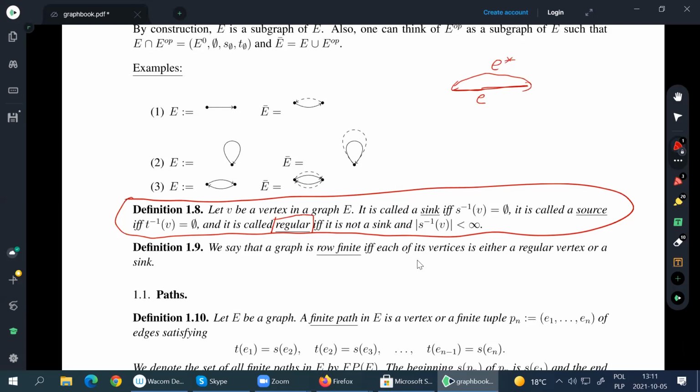For, say, the sphere graph, this was a finite graph, so there was no issue with infinite emitters. There were finitely many arrows. So of course, this second condition was satisfied. And when you look at the sphere, remember there was a loop at every vertex, so there were no sinks because every vertex was emitting at least its loop. Okay, so every vertex in the sphere graph was a regular vertex.